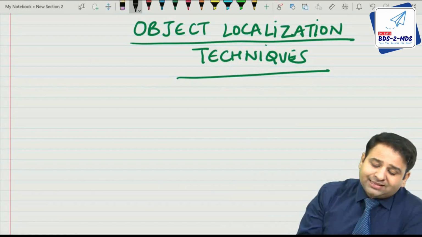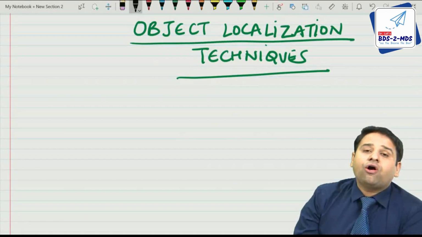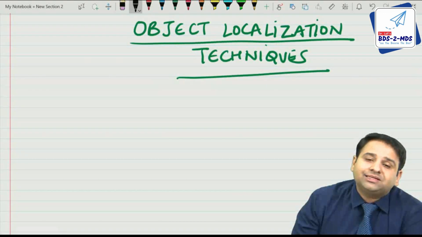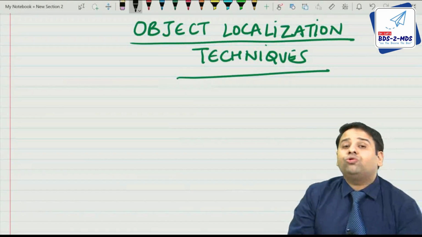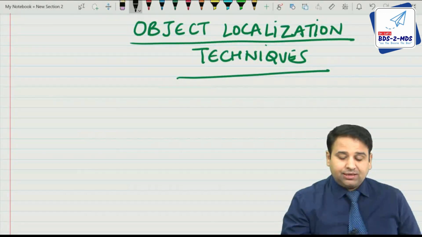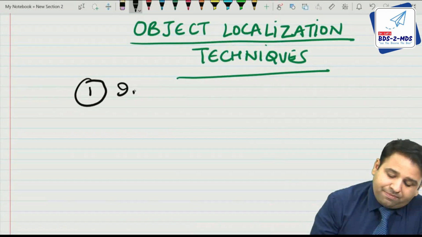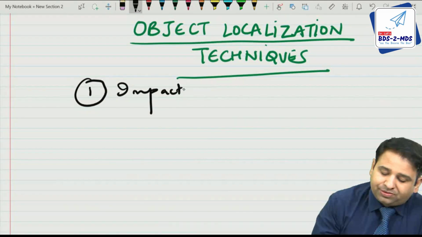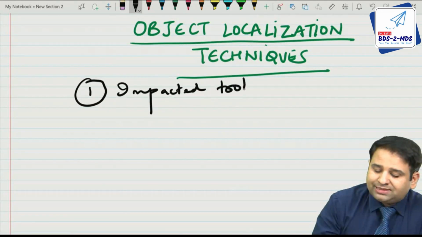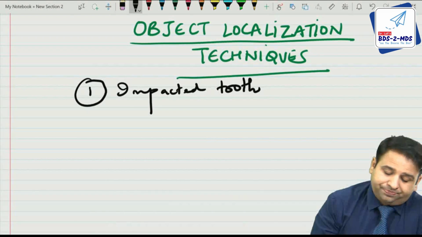First of all, let us see what are the indications of these object localization techniques. When do we need to localize an object, right? So, in cases of impacted teeth, we need to localize the impacted tooth.